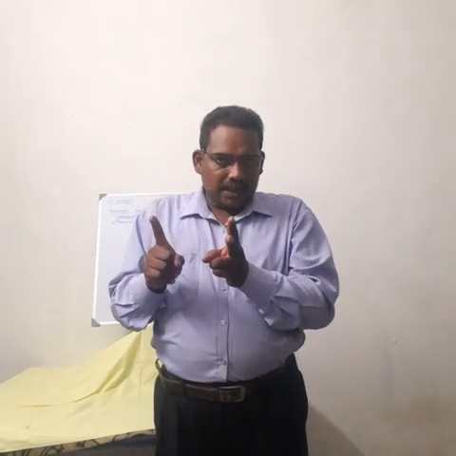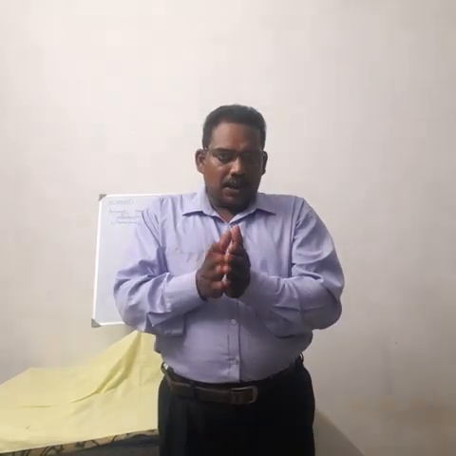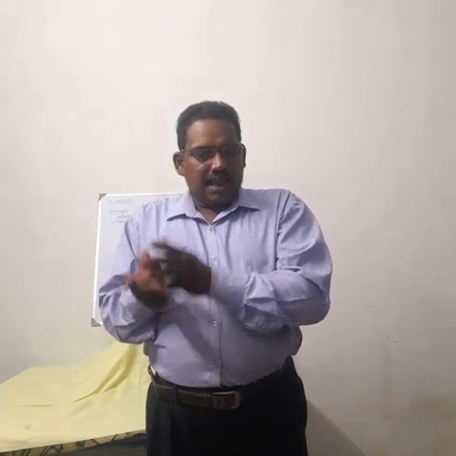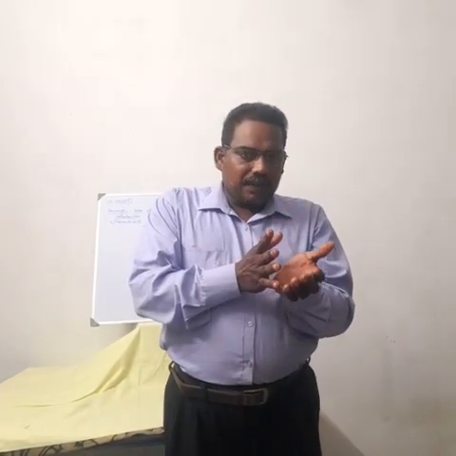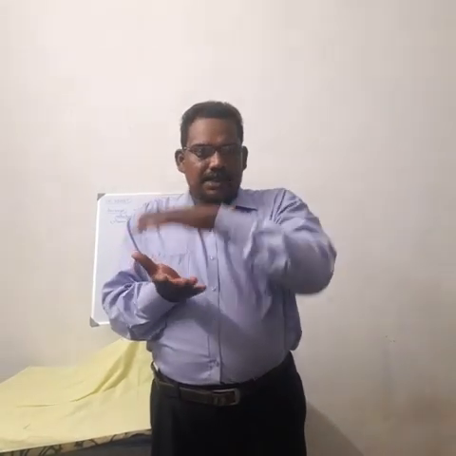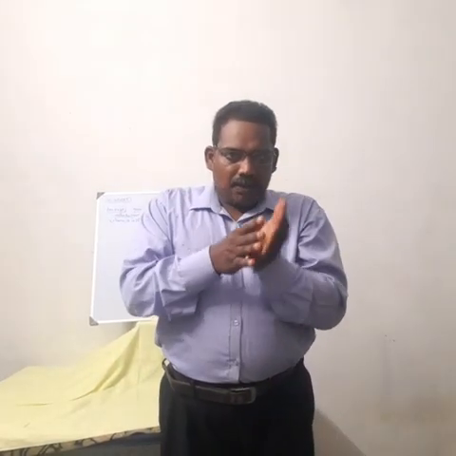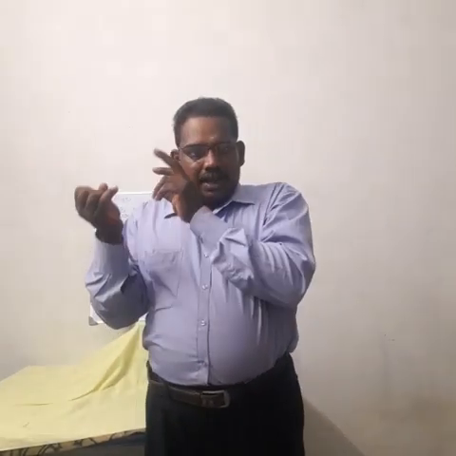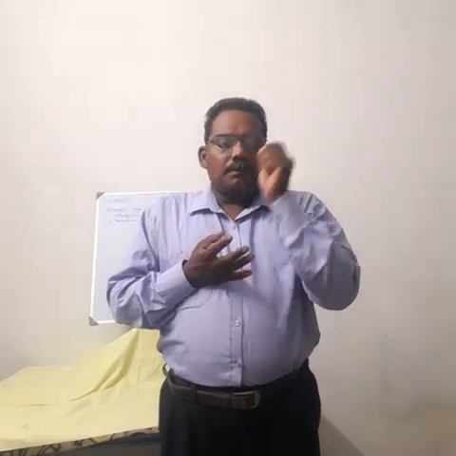What are the two conditions? Mass is converted into number of moles and number of moles into mass. This is the first condition. Number of moles is converted into volume and volume into number of moles. First step is divide, second step is multiply. Whenever mass is converted into number of moles, you divide by the molar mass.